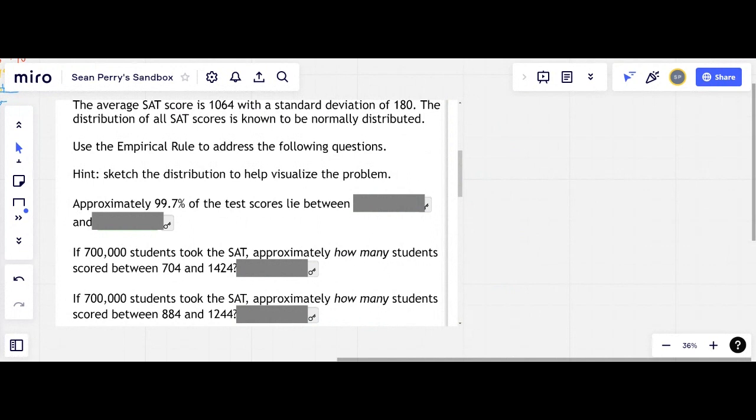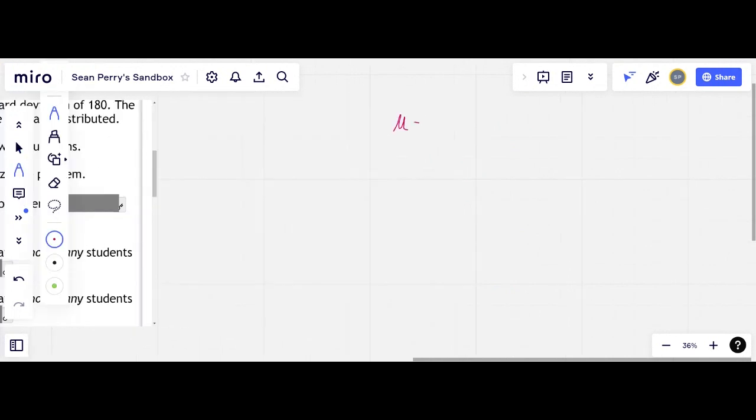All right, so let's begin with a sketch. They've given us an average, 1064. And they've given us a standard deviation, 180. And so if we were to draw a normal distribution, we would draw a little bell curve.